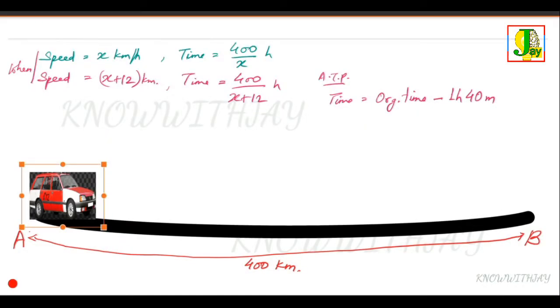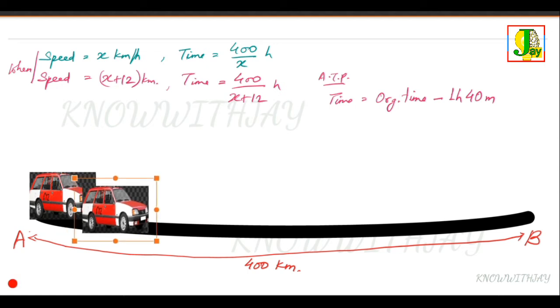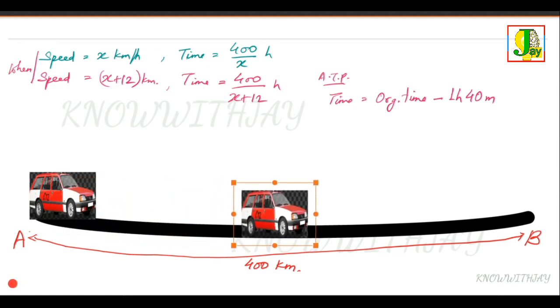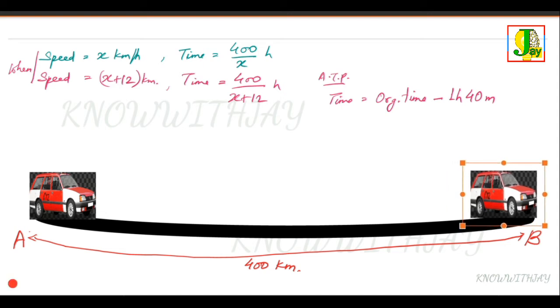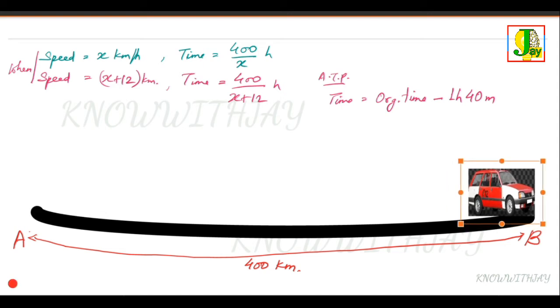Suppose this car travels a distance of 400 km with speed x km per hour. Now it has covered the distance, and the time taken by the car will be total distance covered by total speed. So that's 400 by x hours.